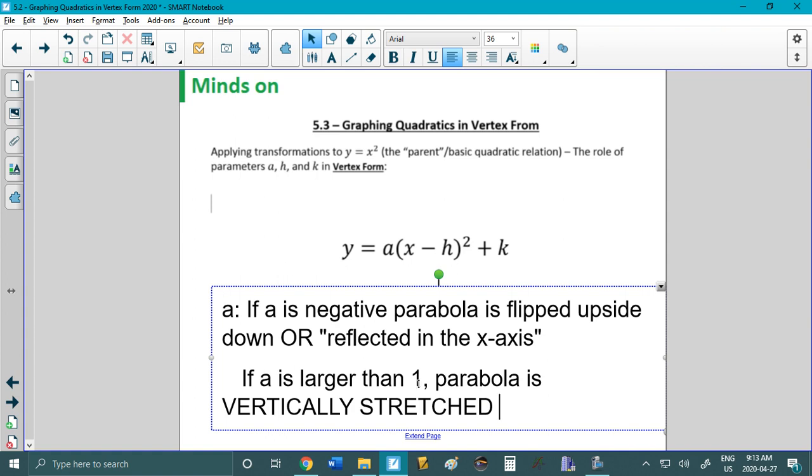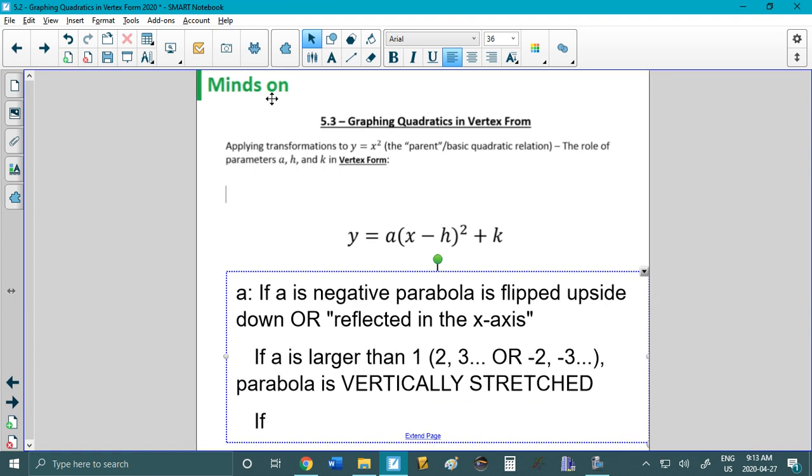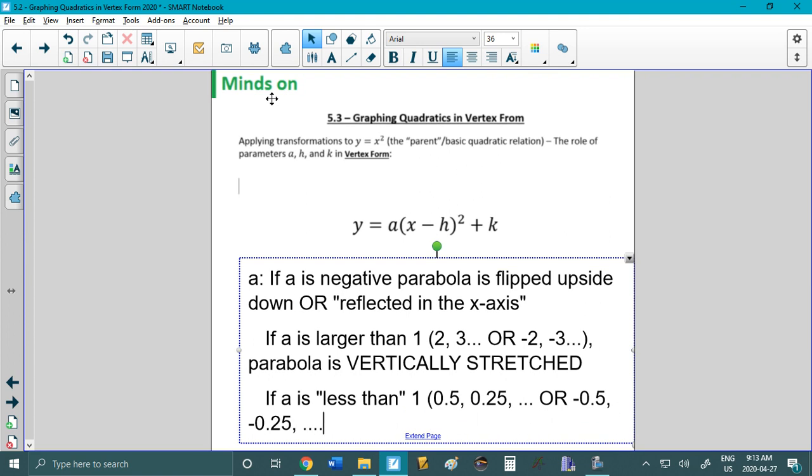Okay, and when I say larger than 1, I mean like 2, 3, or -2, -3, and so on. So if A is less than 1, by that I mean like 0.5, 0.25, or it could be -0.5, -0.25, and so on.